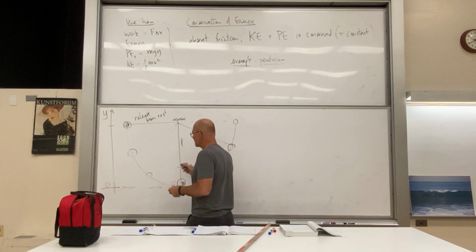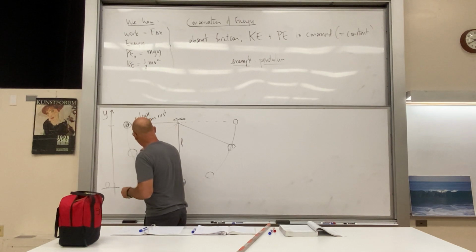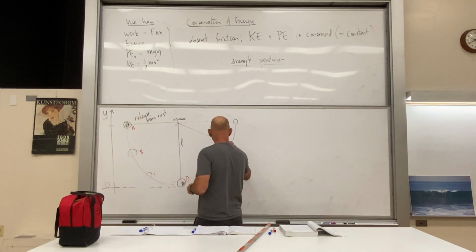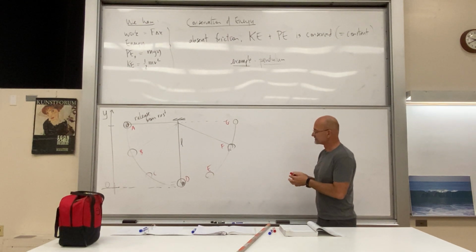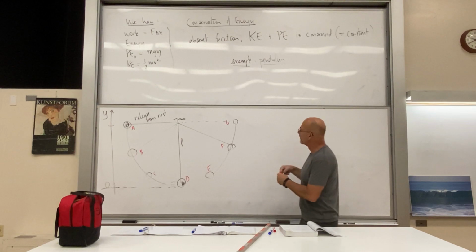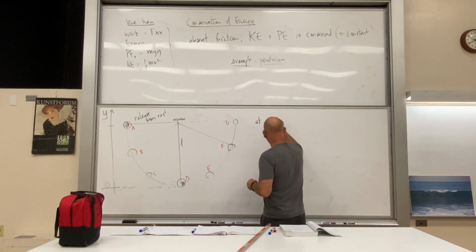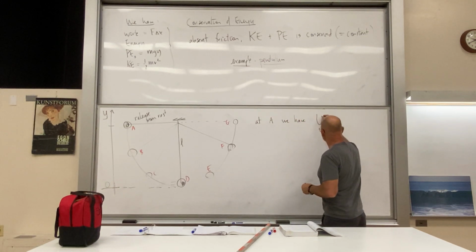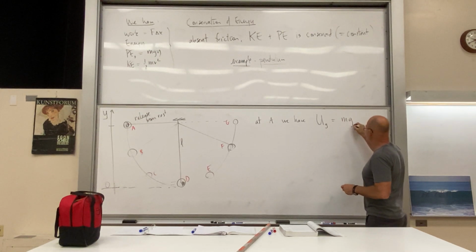So the potential, and here's what we'll do. We will label points A, B, C, D, E, F, G. Now we can talk about all these points here. So here we go. At A, we have potential energy is equal to mgL.